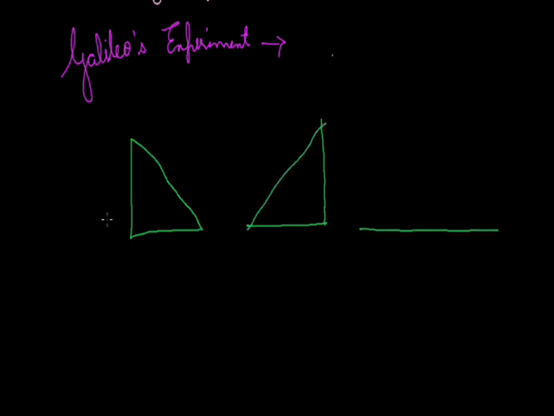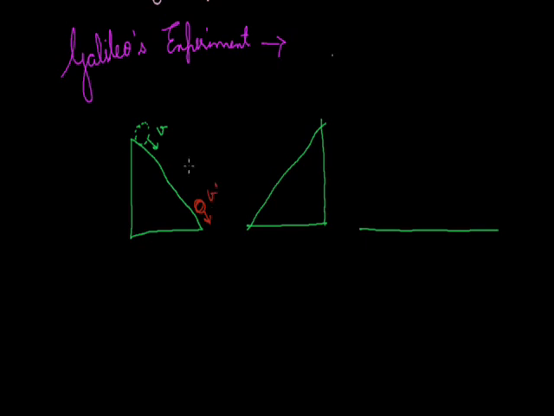Galileo considered three cases. In the first case, he had a ball, a green ball, and he rolled it down an inclined plane with velocity v, and after some small time t, the ball was moving down with velocity v dash.